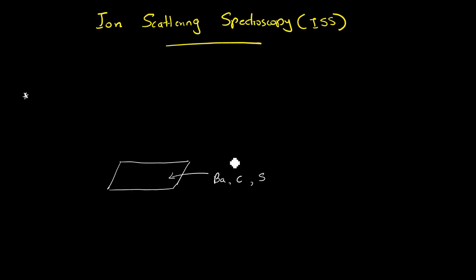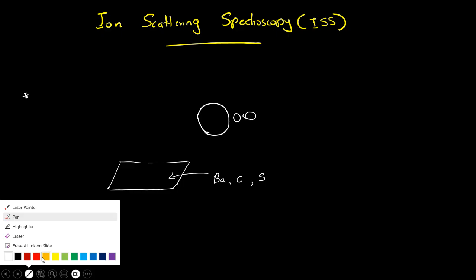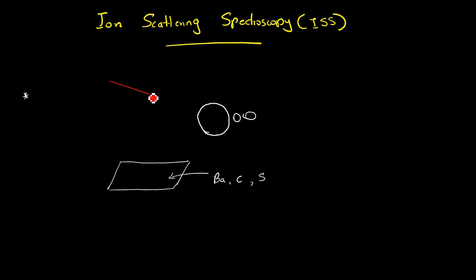Now the principle is basically that there are some atoms which are relatively larger and some atoms which are relatively small. What we are going to do is send in some cations such as helium plus, or you can use neon plus, or even argon plus.